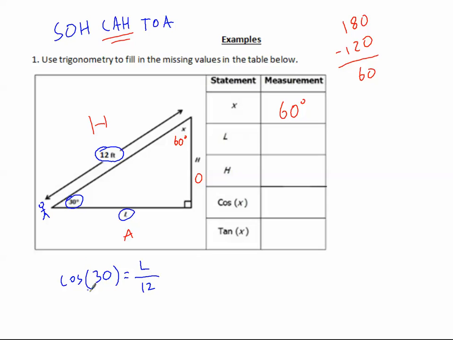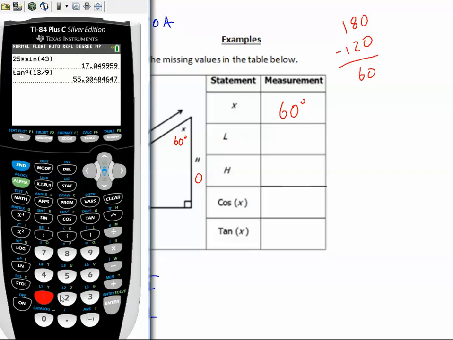Take the 12, multiply, because the variable's on top, you get 12 times the cosine of 30 equal to L. At this point, we've got to use our calculator. About 10.39.